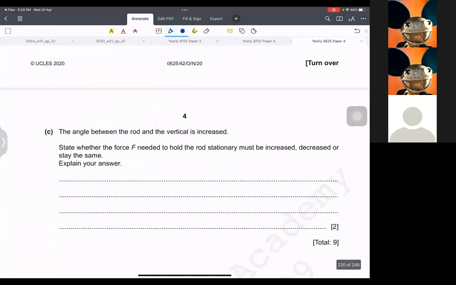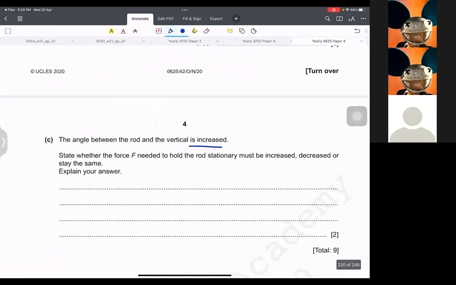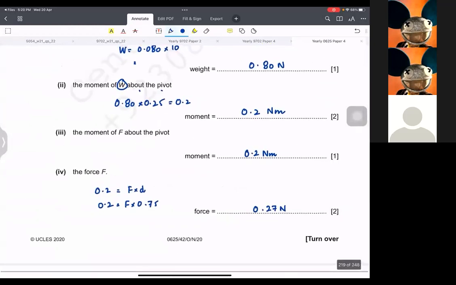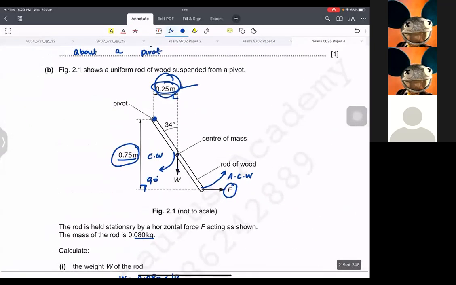The angle between the rod and the vertical is increased. Explain whether the force needed to hold the stationary rod must be increased, decreased or stay the same. It's saying if we increase the angle, like this angle, how can we increase the angle? If I move it up like this, the angle would be even greater.